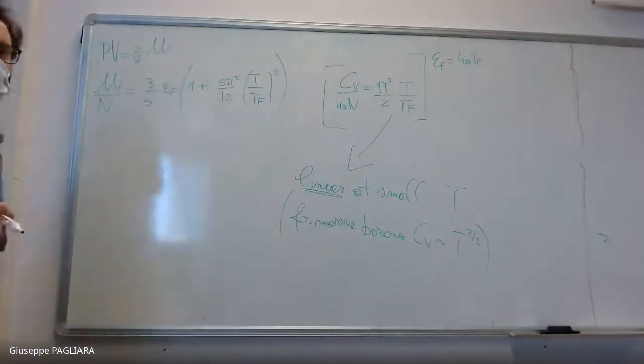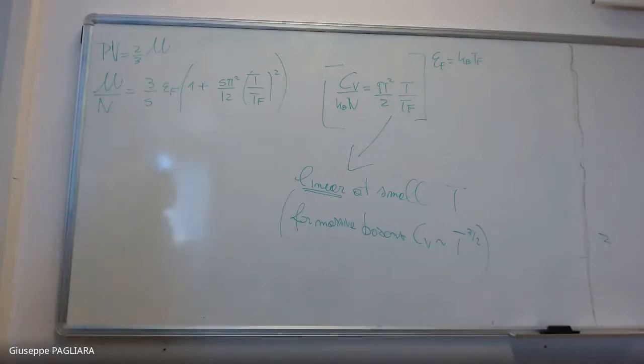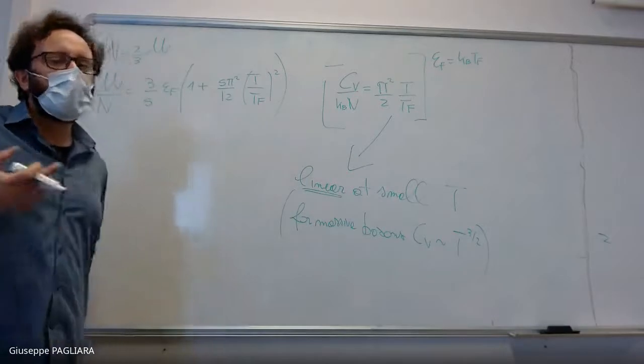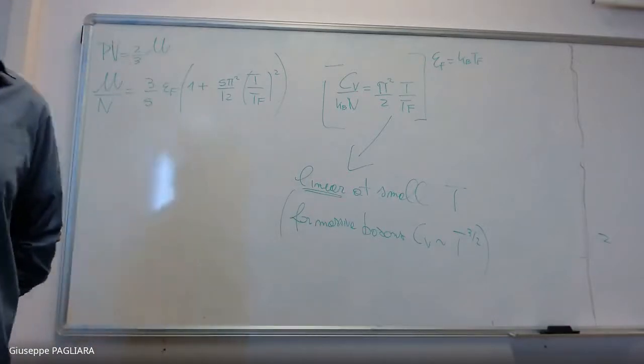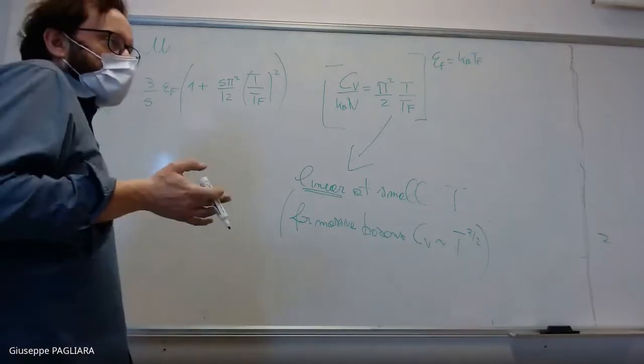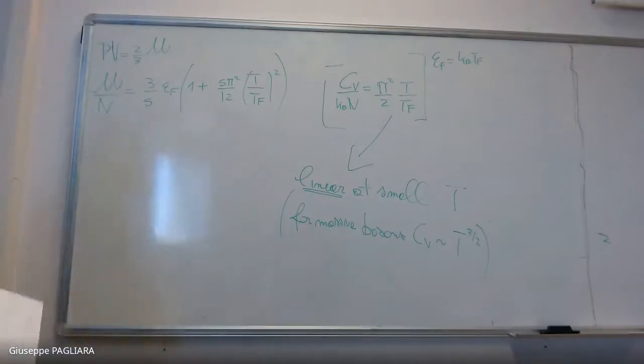Okay, so the contribution to the heat capacity due to the electrons, for instance, is linear in T, whereas the contribution to the heat capacity due, for instance, to phonons, which are the vibrations of the lattice, is proportional to... well, actually, in that case it's even different because they are massless, and the behavior is a little bit different.